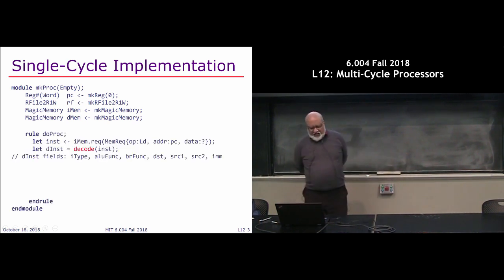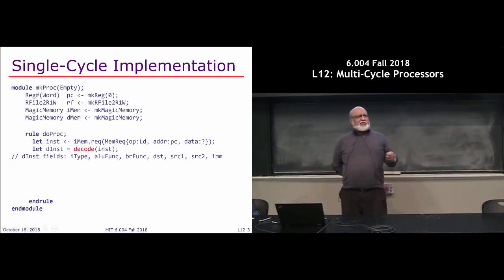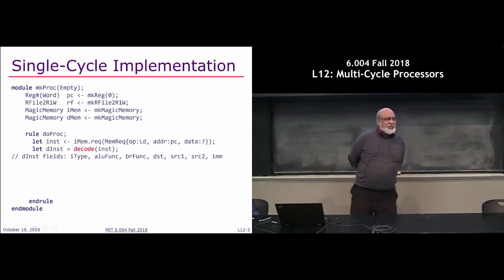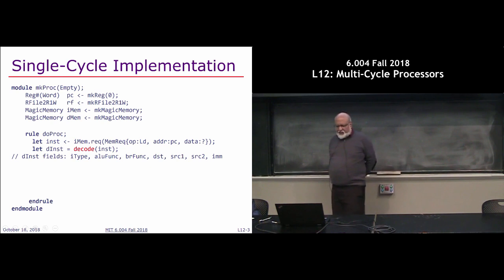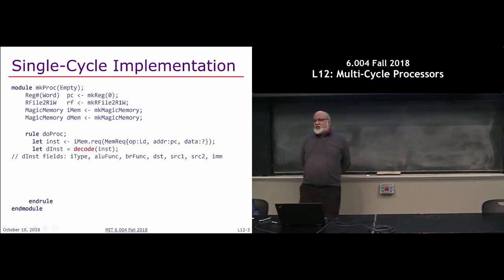Instantiate the state, and then you have a rule, and for lack of a better name, I just call it doProc. I could have said doInstruction or something. The system repeatedly does this rule, and the very first thing we do is fetch an instruction from the memory.